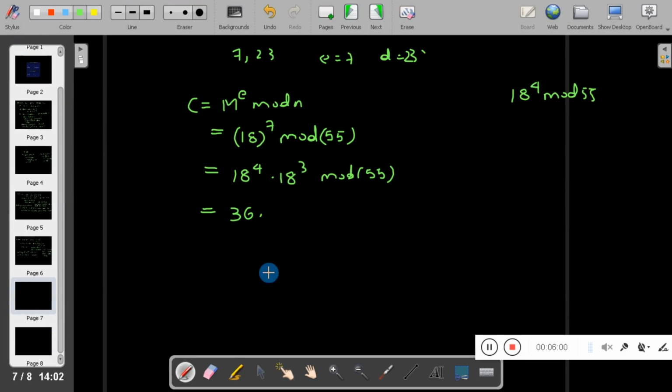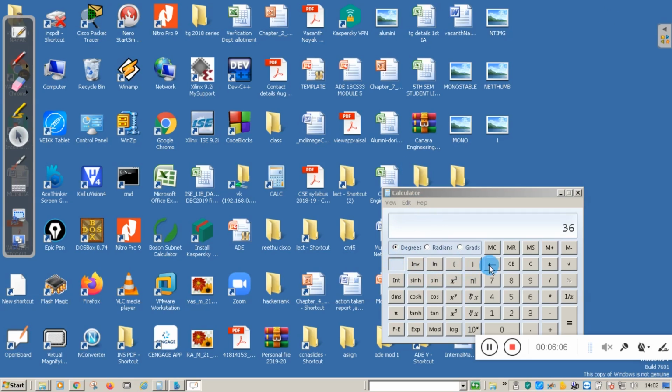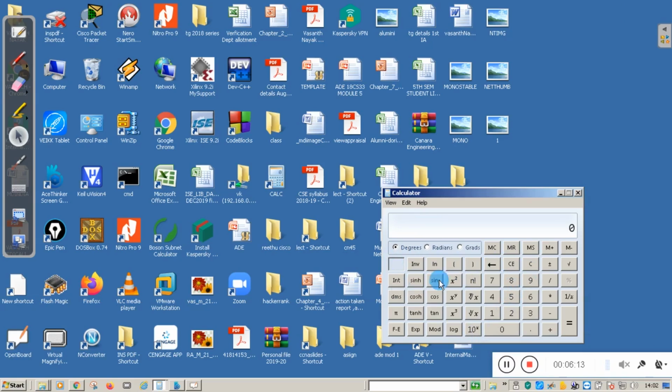Let me use the calculator once again. 18 raised to power 3 mod of 55, you will get 2.